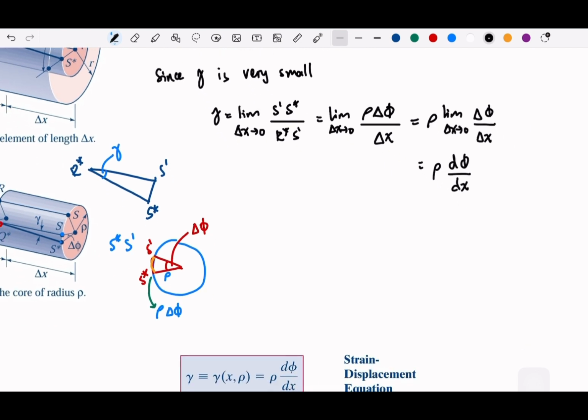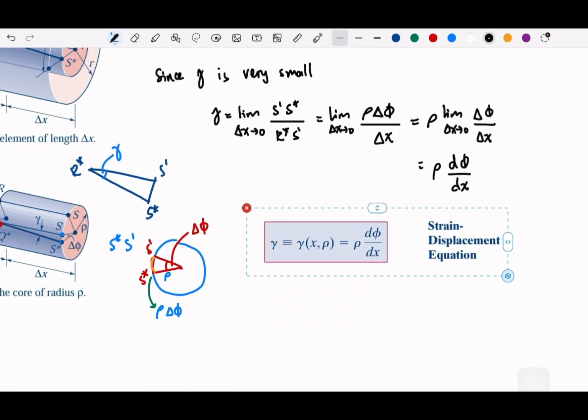So we have the strain displacement equation: the shear strain equals rho d psi dx. The d psi dx we can also write as the twist rate.